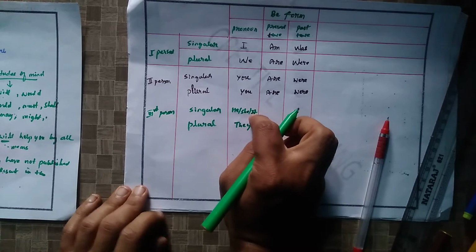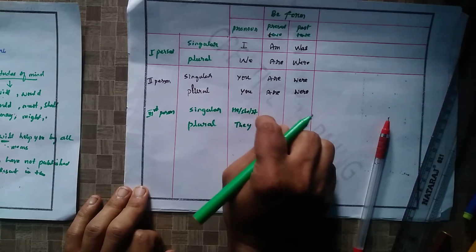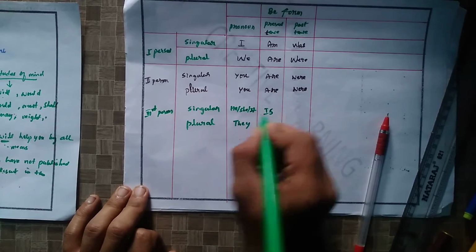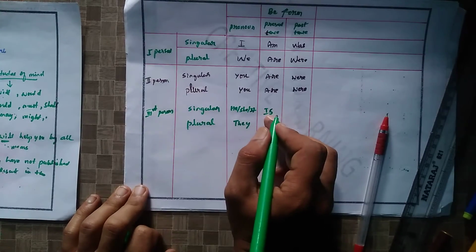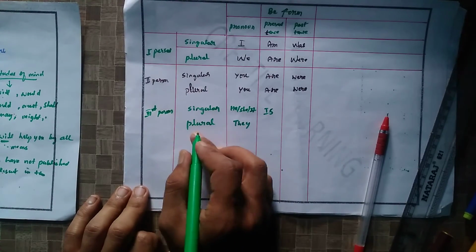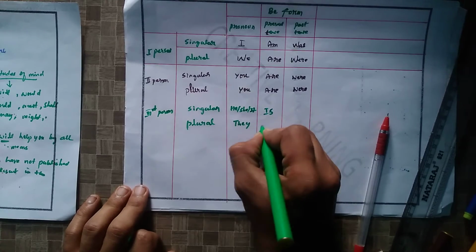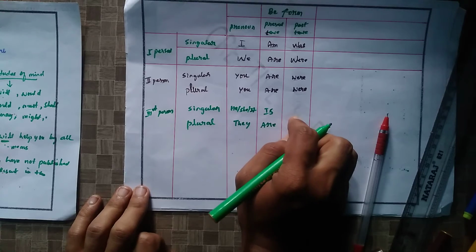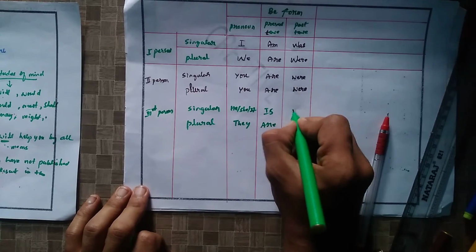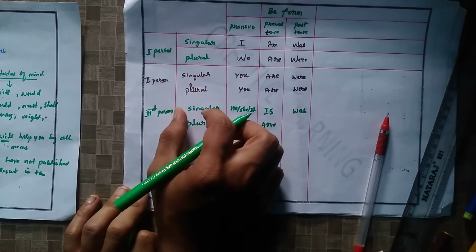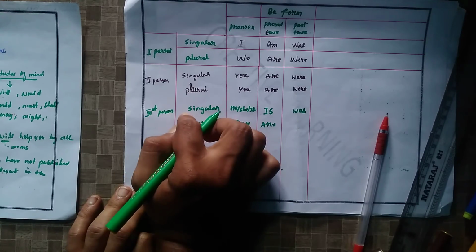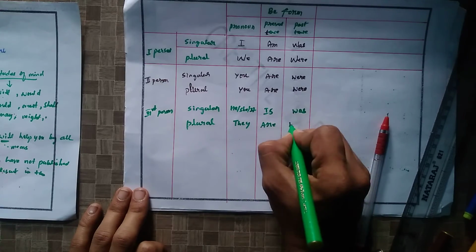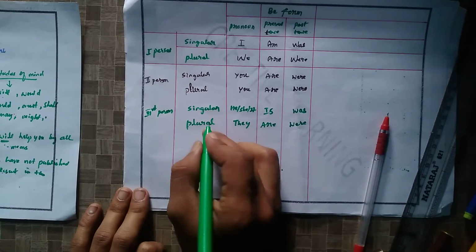For present tense we use is to represent the third person singular, and in plural form we use are. In past tense we use was to represent the third person singular. Next we use were to represent the third person plural.